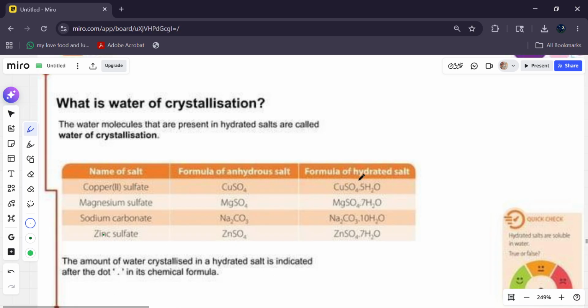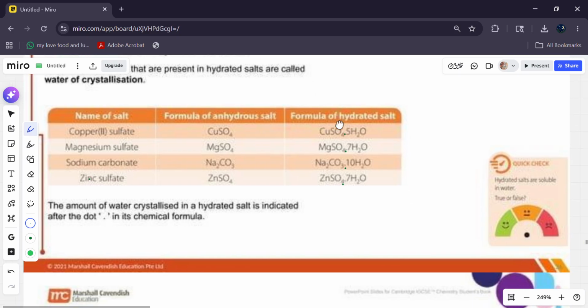After the formula or the name of the salt, there is a dot, and then the water: 5 water, 7 water, 10 water, and another 7 water. These numbers show the amount of water molecules present in the hydrated salt, called water of crystallization.